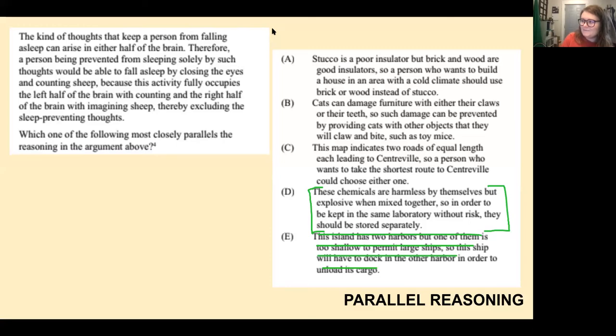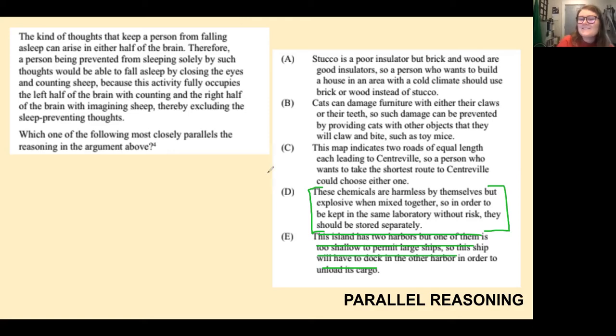Sabrina, do you have one? The solution couldn't be to put them away separately, because in our stimulus it has to do with the... Oh, right, that's not why this is wrong. Sorry, this is great.